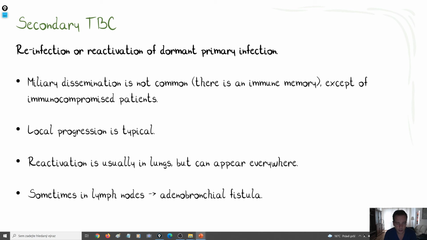And as I said, typical is local progression. Sometimes it can reactivate in pulmonary lymph nodes, and then the lymph node is destroyed by granulomatous inflammation with caseous necrosis. And sometimes a fistula was created between the lymph node and the bronchus. It's called adenobronchial fistula, and it was also another complication of secondary TBC.